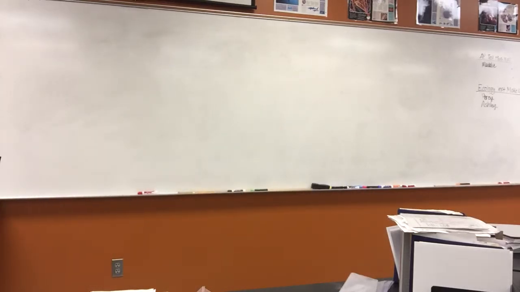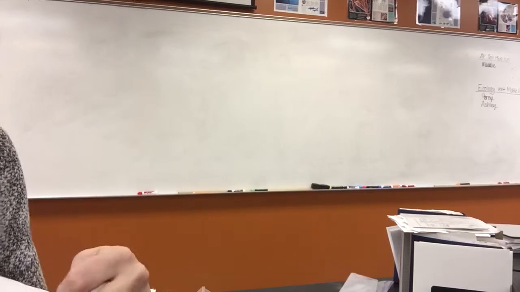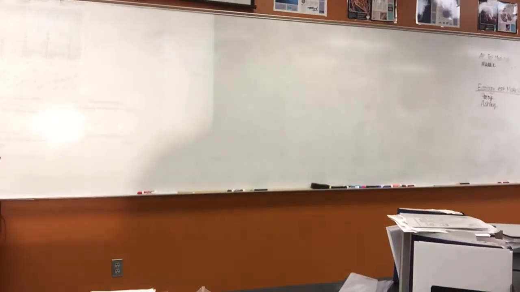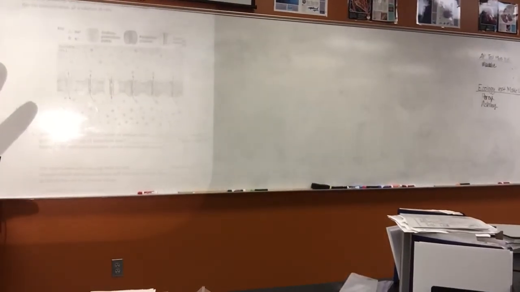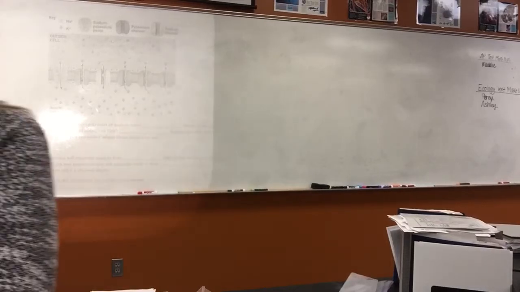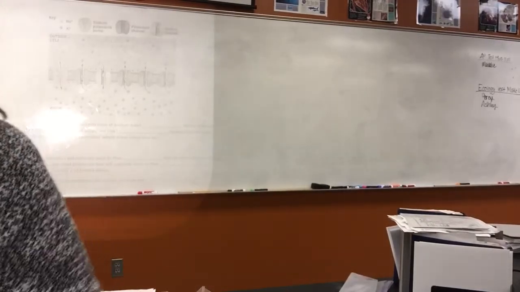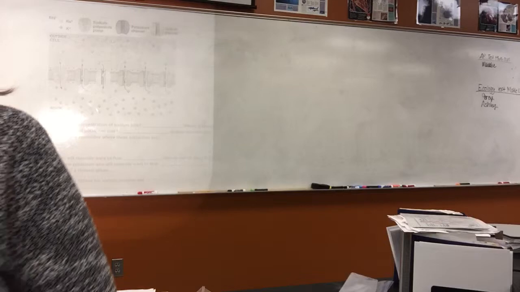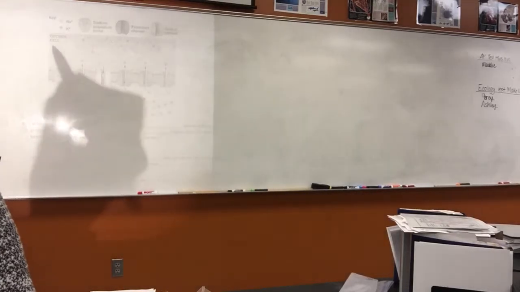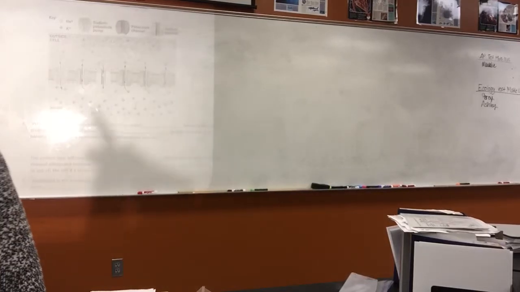So let me pull up this picture here. So we have this picture right here. And what we're looking at here is the membrane of the neuron. You can see here that here's the outside of the cell, the inside of the cell, and they give you a key here.